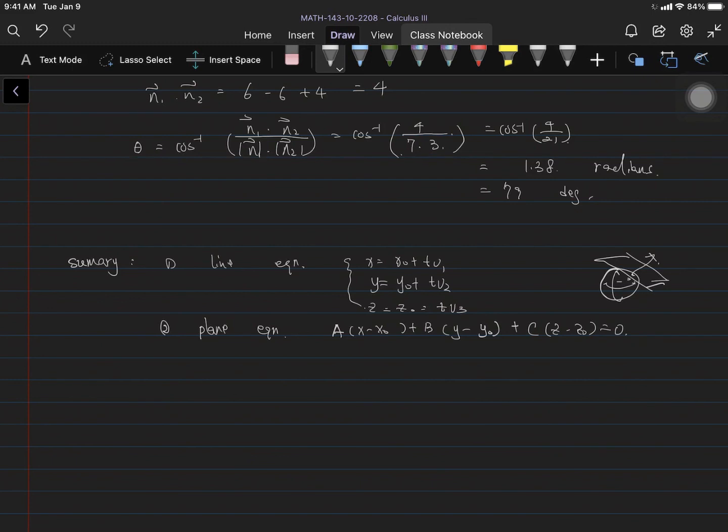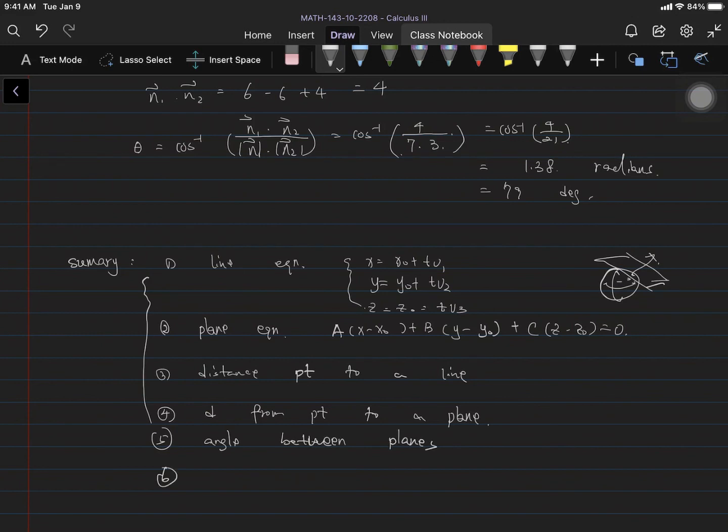The most important parts are those two, but we also learned some other things like the distance from a point to a line, and the distance from a point to a plane, right? And the angle between planes.